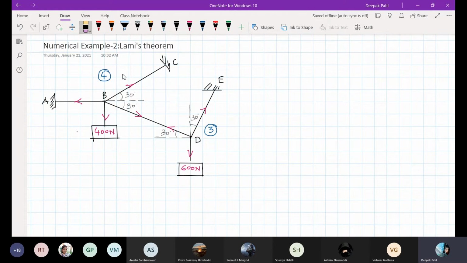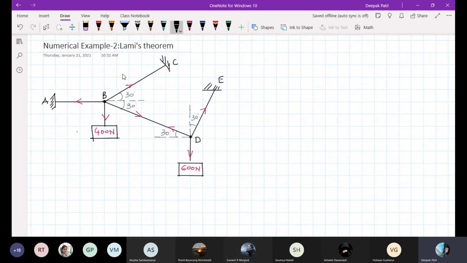Before proceeding further, I want all of you to concentrate at point D and point B and tell me at which point I can apply Lami's theorem.